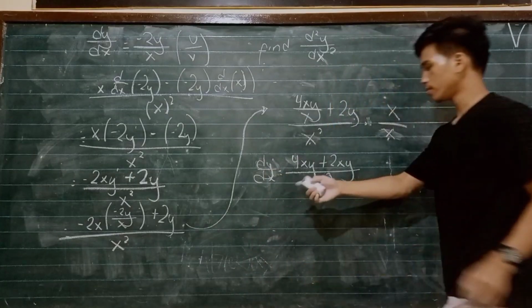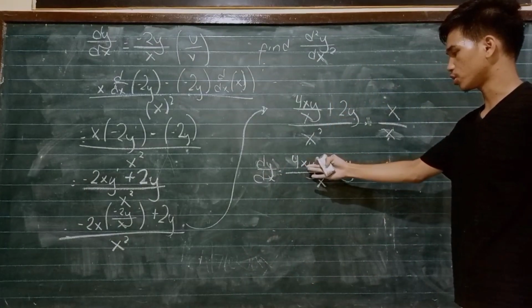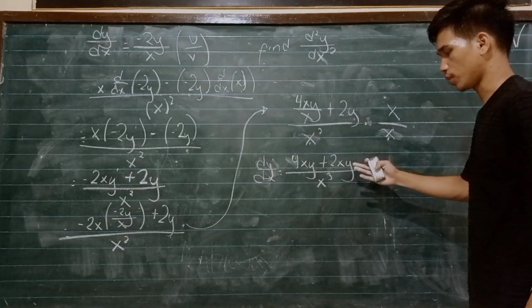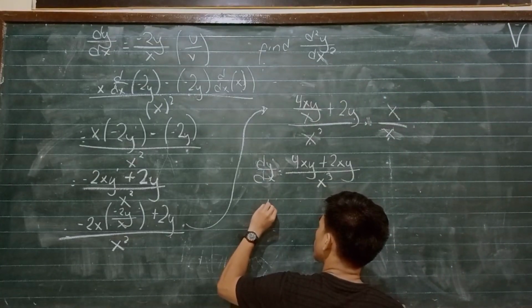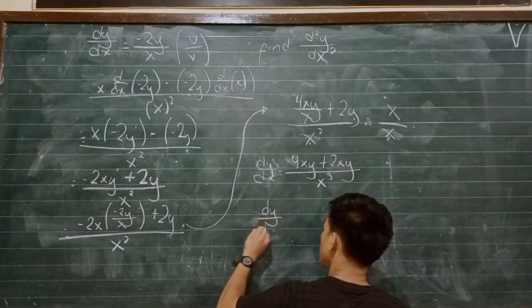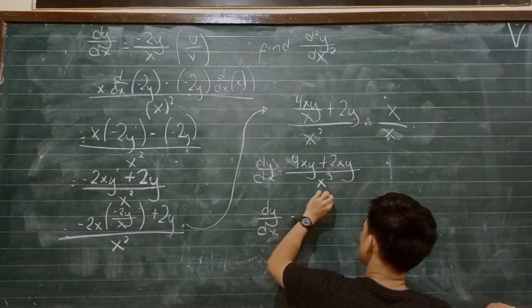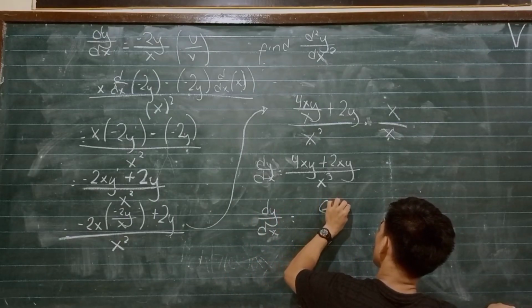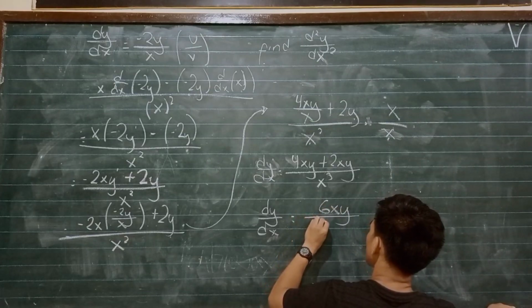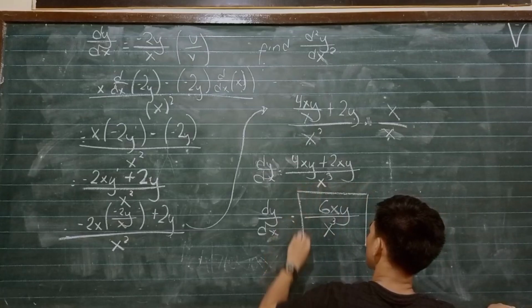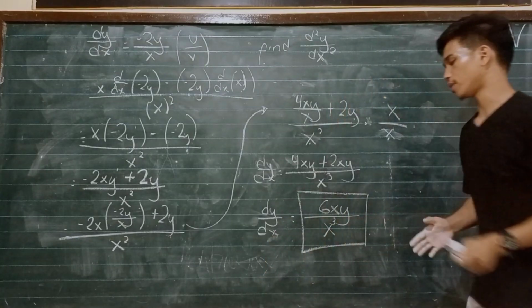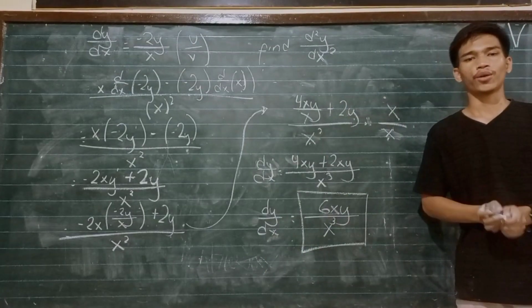So as you can see, it has the same term, which is 4xy plus 2xy, and we need to sum it up. d squared y over dx squared is equal to 6xy over x cubed. So this will be the final answer for question number 2.